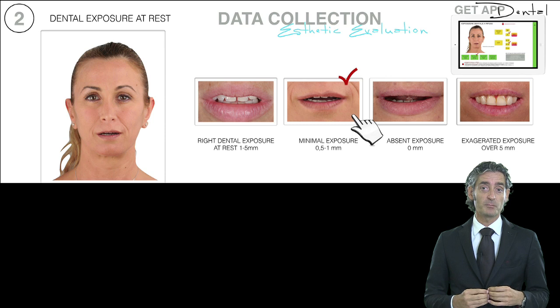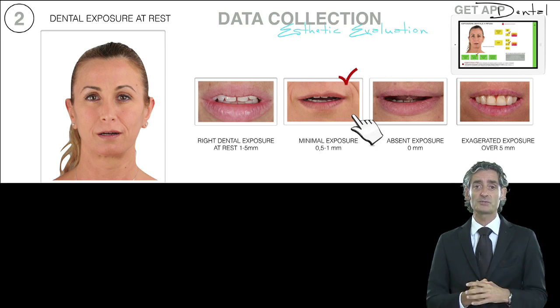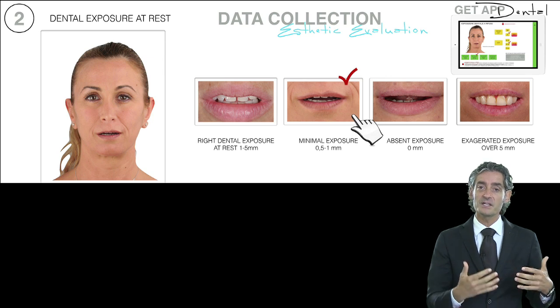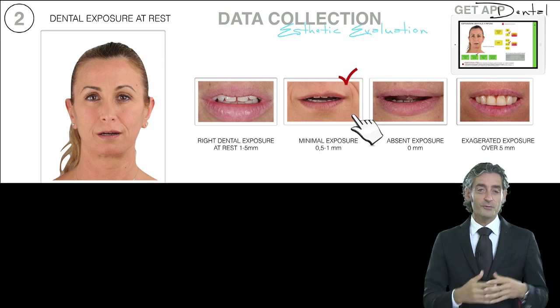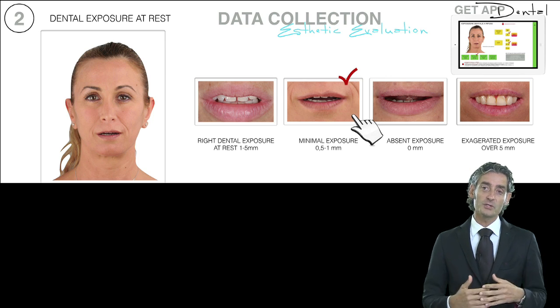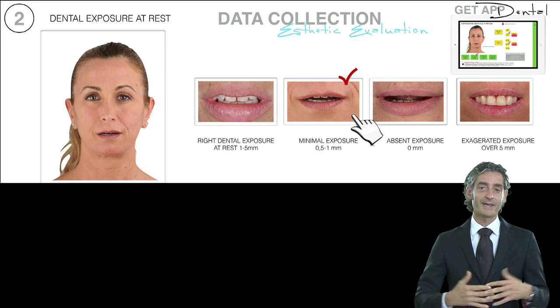For example, the rest position is really important for us. We know that the rest position is important to detect if the teeth are visible or not. For this reason, right now, with the group in which I am, we are going to create an app, Get App.